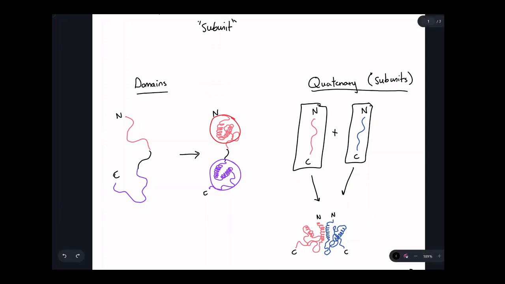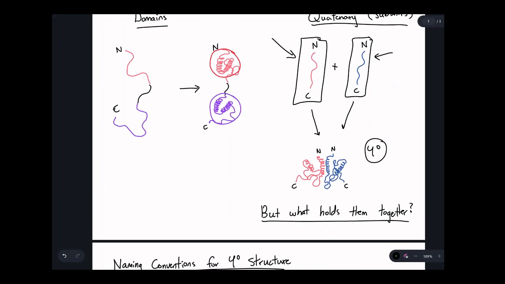So again, tertiary structure only applies to a single chain. Both of these chains have tertiary structure, but then they come together to form quaternary structure. So quaternary structure only applies to proteins that have multiple distinct polypeptides making them up.